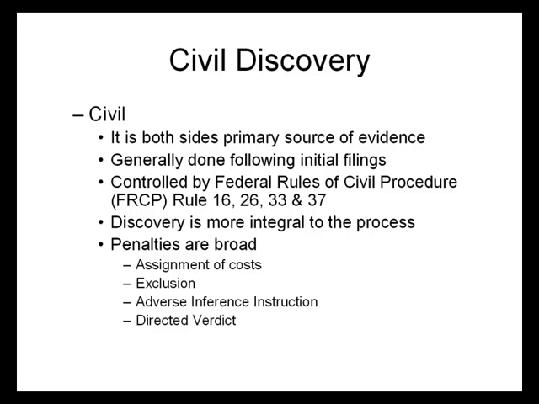One of the truly powerful sanctions that we don't have in the criminal side is what's called an adverse inference instruction. And what that basically says is that the judge will instruct the jury to assume that the information that was not produced would have helped the opposing party, and that whatever the opposing party says that evidence would have shown, you are to assume that was actually proved.